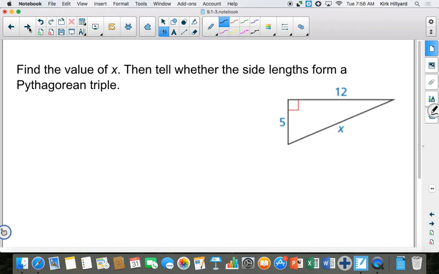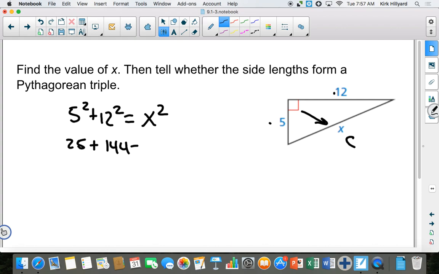Okay? So we're going to use the Pythagorean theorem to find the value of x. In doing so, we take the two sides here, 5 and 12. That would be our A and our B. And we're going to set it equal to C, which is always opposite the right angle, so that would be the C. And we square that, so we have 5 squared is 25, 12 squared is 144, equals x squared. 144 plus 25 is 169.